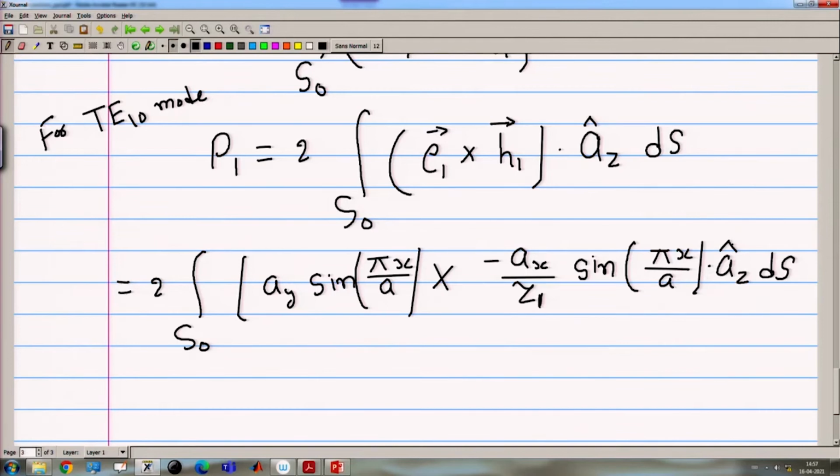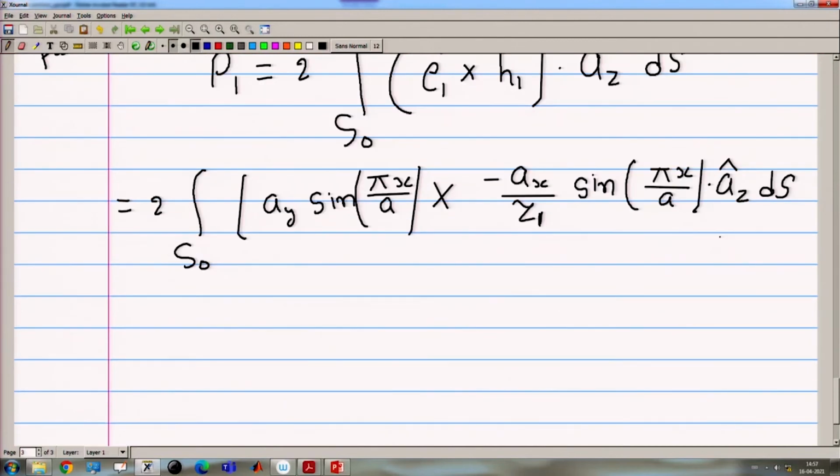So, this is E1 cross H1, and we will get a y cross minus a x, which gives minus of minus Az, so it will be plus Az, and Az dot Az will be 1. So, this is equal to 2 upon S naught, and that is over the probe surface.